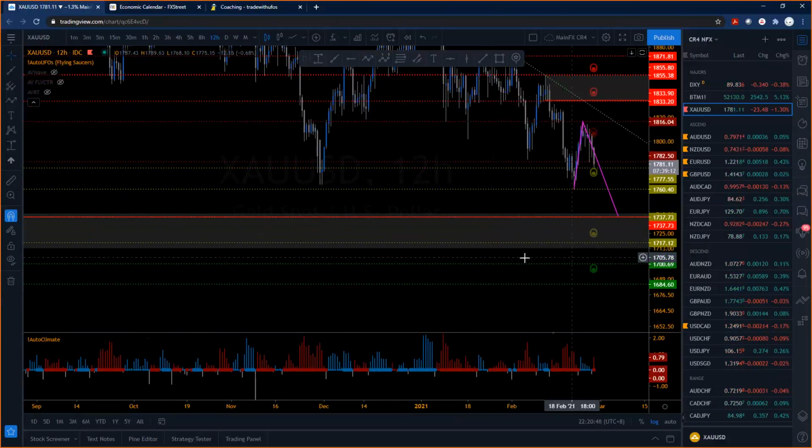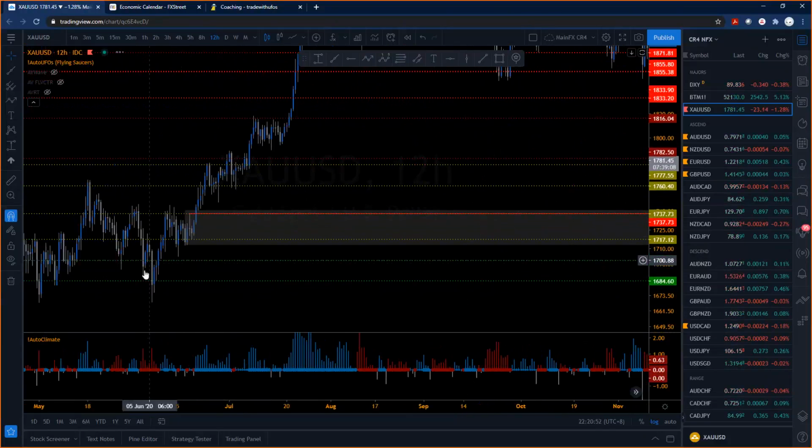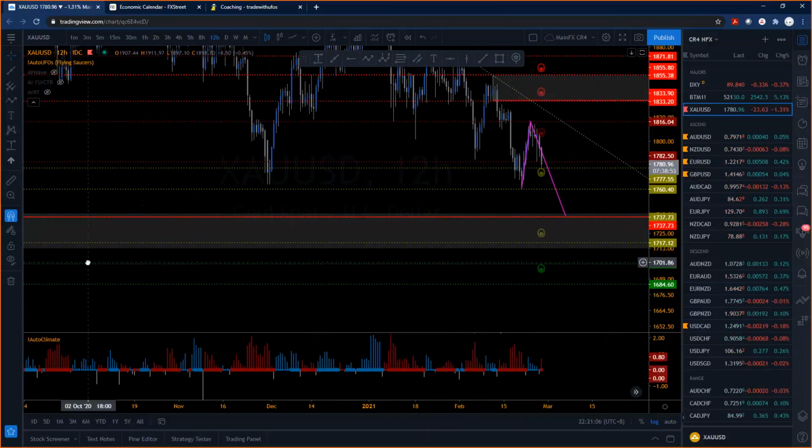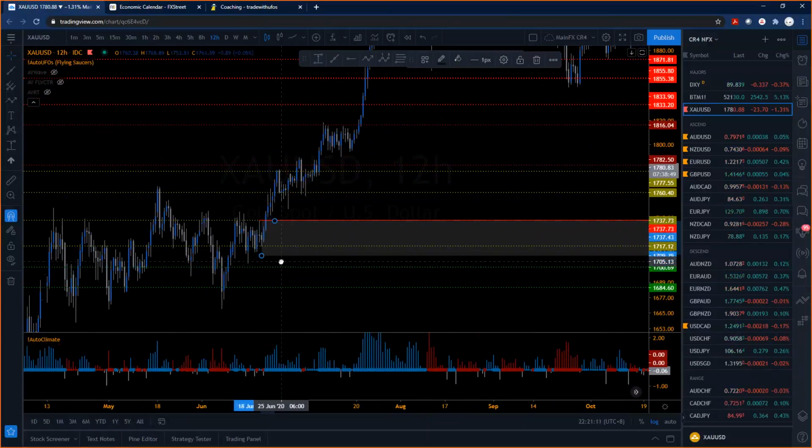So as we move backwards here, we can see that ever since that area of concentration of unfilled orders was formed, there's been no price retracement to that area. Whereas for this area here, right?